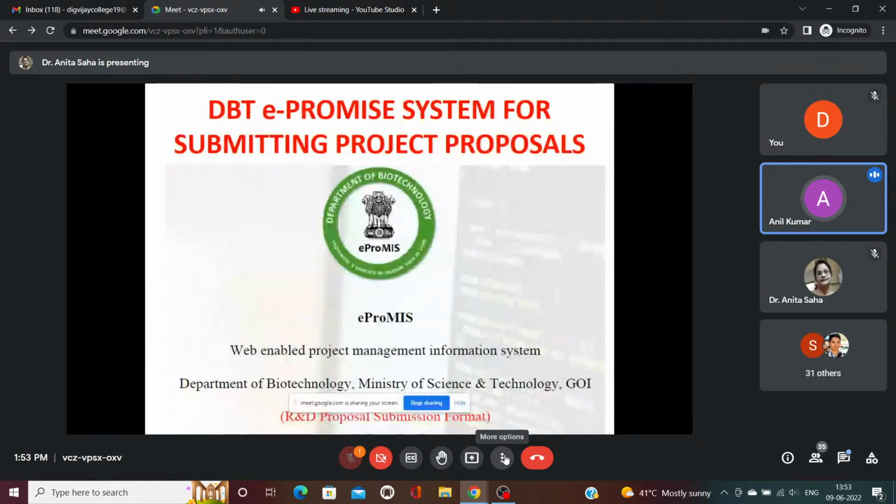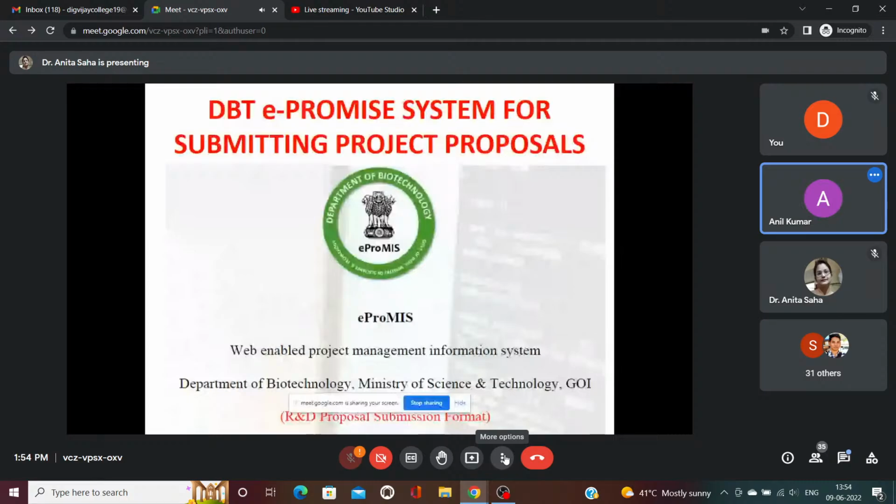And they are giving a good volume of research funds to support your research needs, like infrastructure, instrumentation, contingency grant, everything. So definitely female candidates should pay attention to the DBT Women Scientist Scheme also. Normally they pay attention to the DST Women Scientist Scheme, but I want to draw your attention to the DBT Women Scientist Scheme also.